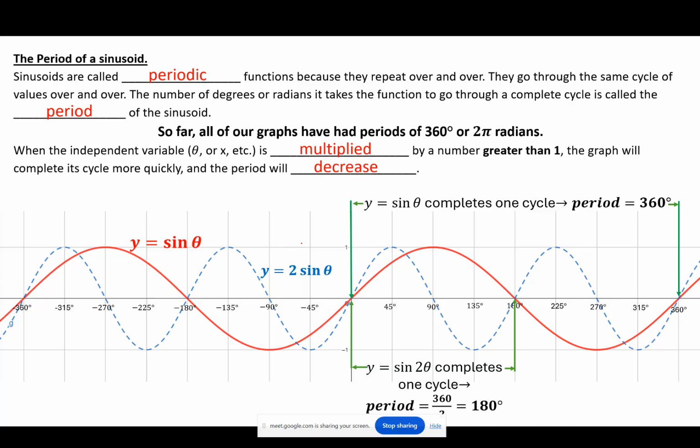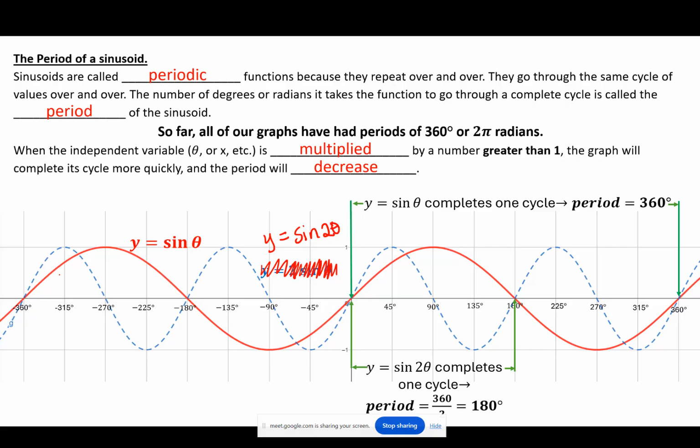So what I mean by that is if you have y equals sine theta, it's going to look like that red graph. It takes 360 degrees to go through all of its values. I'm sorry to say that this equation is written incorrectly, so please scratch that out. It should be y equals sine 2 theta.